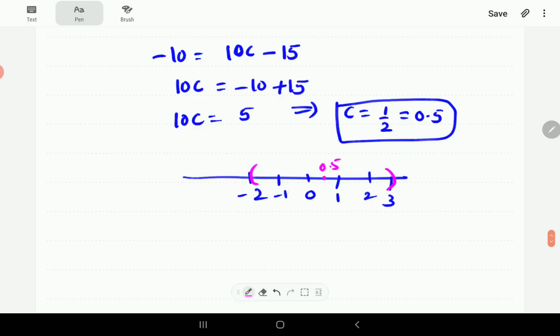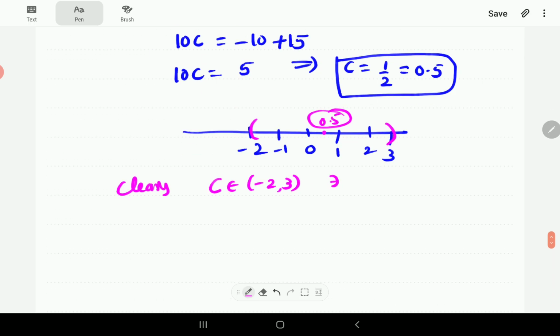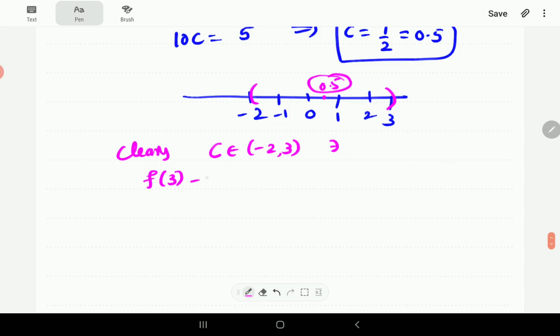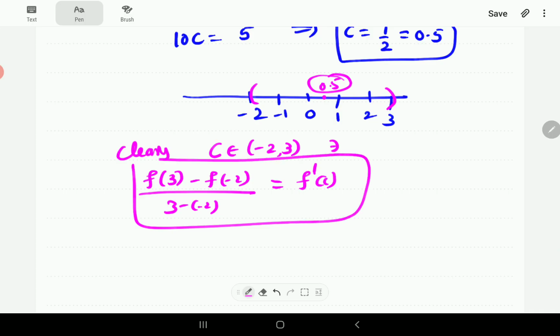So this 0.5 lies within the open interval -2 comma 3, so we can say that c belongs to the open interval -2 comma 3, such that f of 3 minus f of -2 upon 3 minus of -2 is equal to f dash of c. This condition is satisfied. Therefore, the mean value theorem is verified.